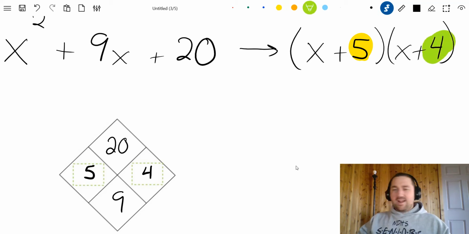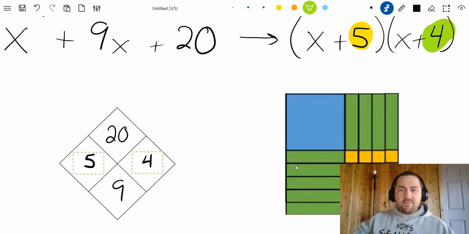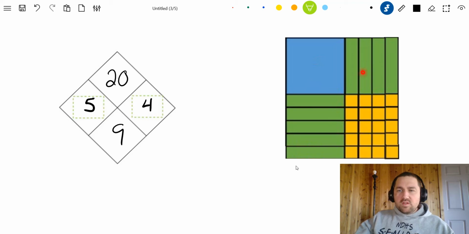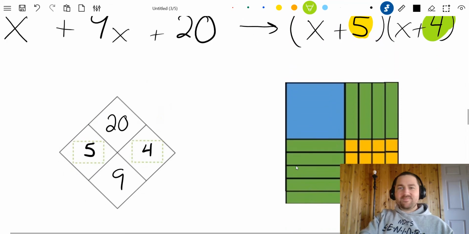Let's look at some algebra tiles, right? So here we have an algebra tile diagram. And if we count this very carefully, I think we would see that this has one x squared tile, 1, 2, 3, 4, 5, 6, 7, 8, 9 x tiles, and 20 little 1 tiles, which is exactly x squared plus 9x plus 20.